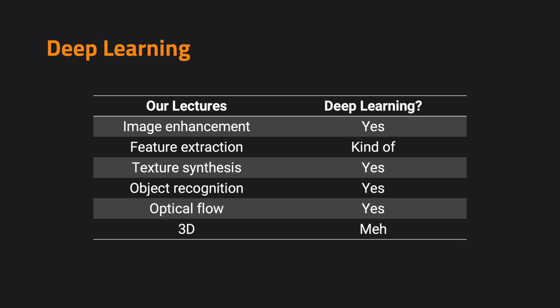And at the same time, feature extraction has been largely based on deep learning if we are talking about features for high-level recognition. And people have been very actively studying how we can use learning methods to extract features for low-level tasks.